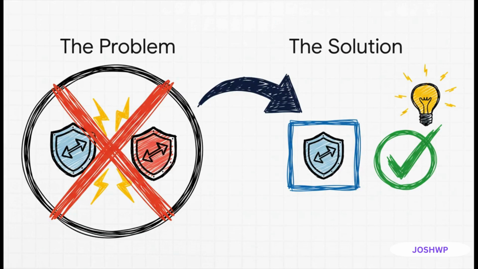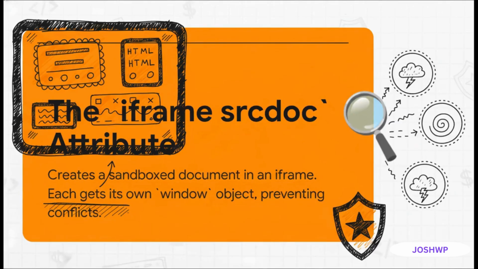So what do you do? You give each ad its very own private global space. The solution isn't about managing the fight. It's about making sure the fight never even starts. It's all about total isolation. And this is our hero, the humble iframe tag. But we're not just using any old iframe, we're using it with the srcDoc attribute.